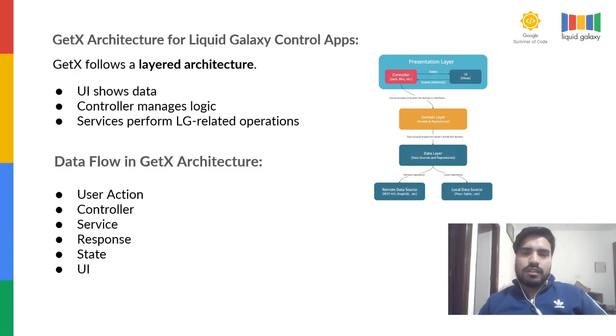And now let's understand the architecture of GetX: how GetX executes and how it displays data on the UI. As I told you, you define the controller on your page using Get.put. Let's take the example of the settings page. I put the controller in the settings page using Get.put.